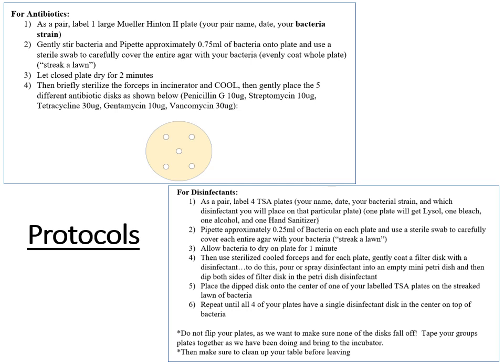You also, in addition to testing antibiotics, would test for disinfectants. When testing for disinfectants, instead of using a pre-made disc that has the antibiotic on it, you use blank filter discs. You take these little blank circles and dip them gently into a disinfectant of your choice, such as Lysol, bleach, alcohol, hand sanitizer.